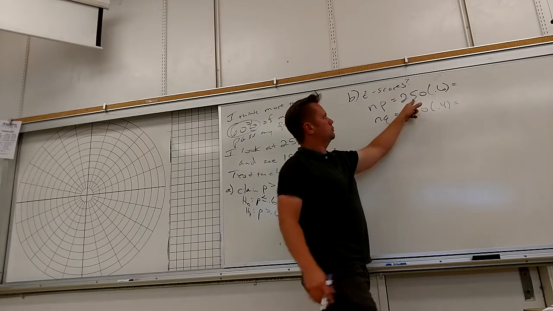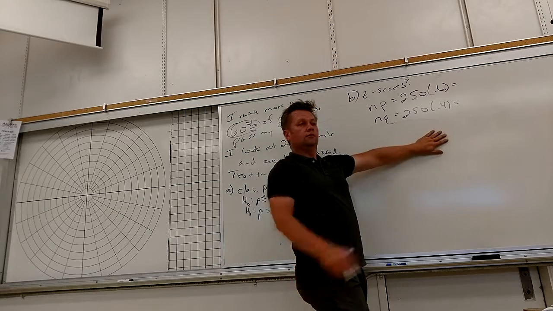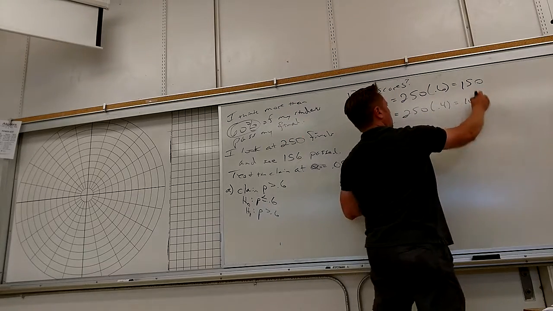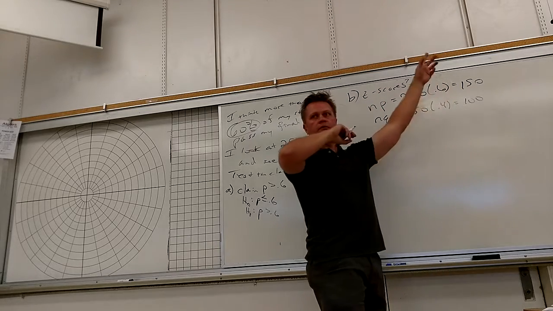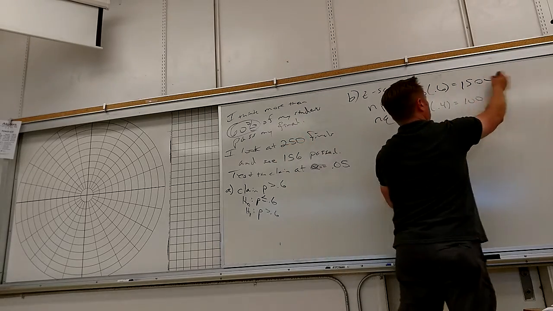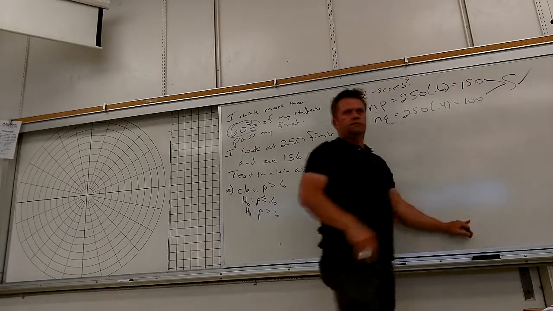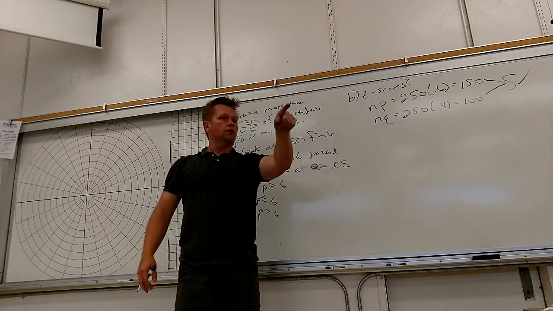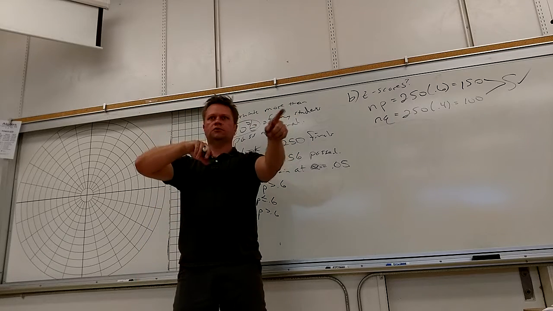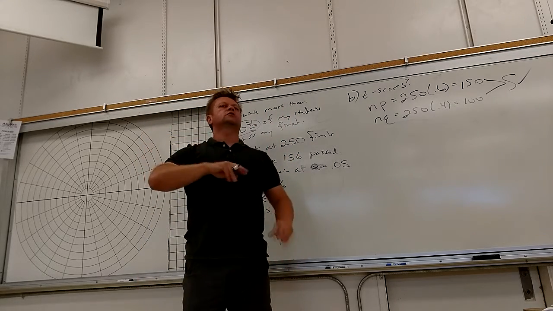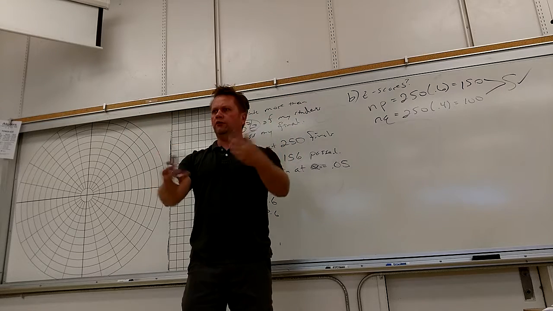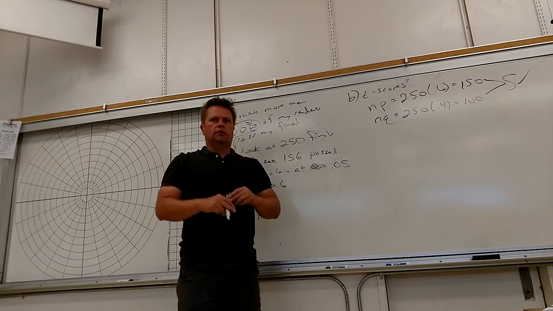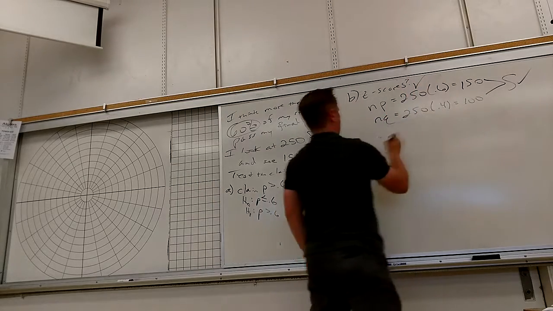So what is 0.6 times 250? 150. And 0.4 times 250? 100. And they're both bigger than 5. Check. What does that mean again? It's normal enough, it follows a normal curve. It's the same thing as the greater than 34 mean problems. Z-scores, check.